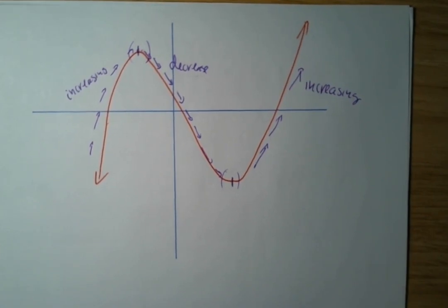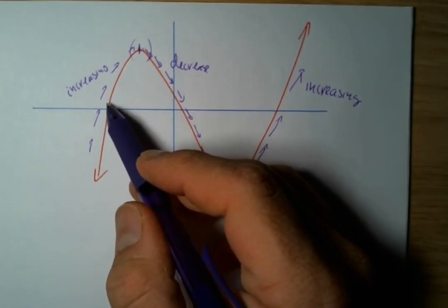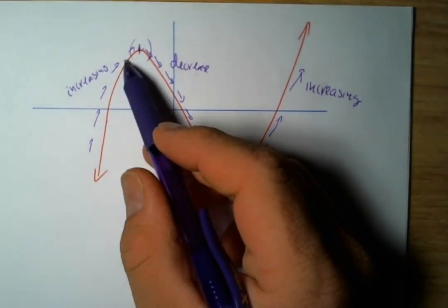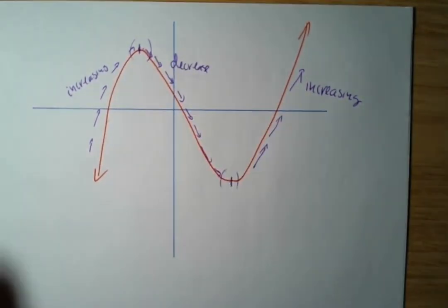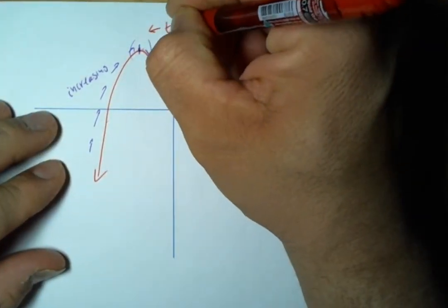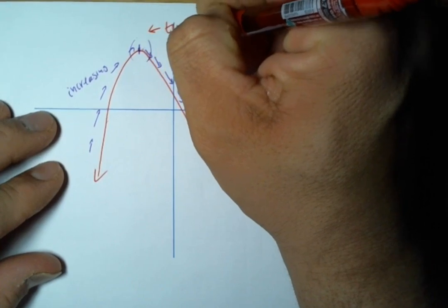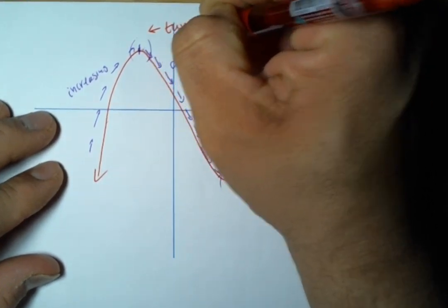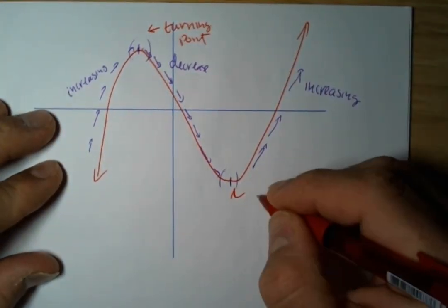So this idea of a turning point is where the behavior changes from increasing to decreasing. This is one turning point, and this is another turning point.